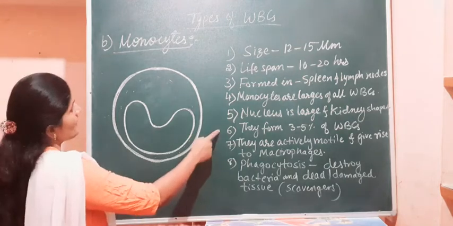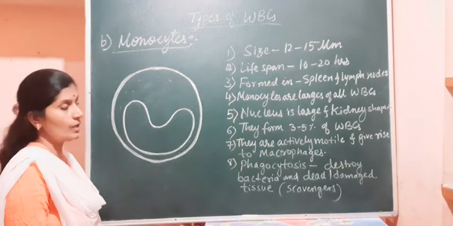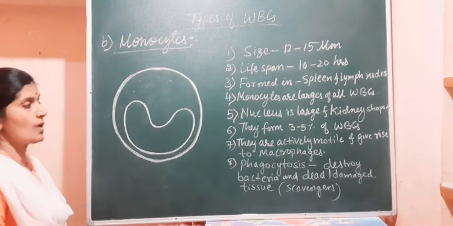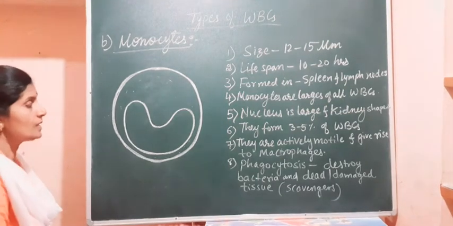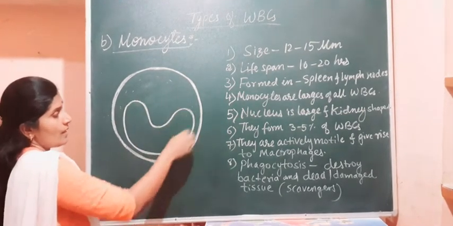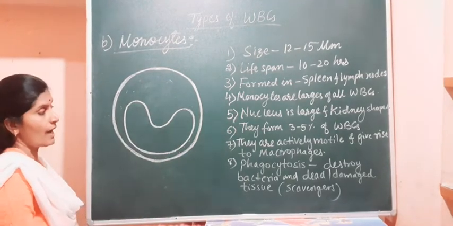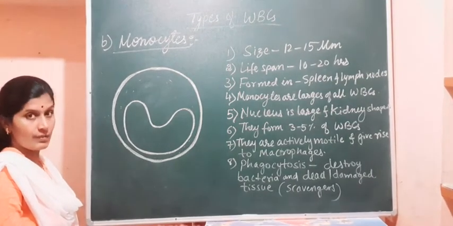Now the monocyte percentage is 3 to 5% of total WBCs, and they are actively motile and give rise to the macrophages. These cells can move easily.